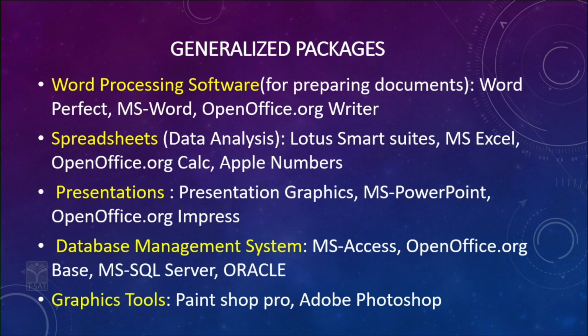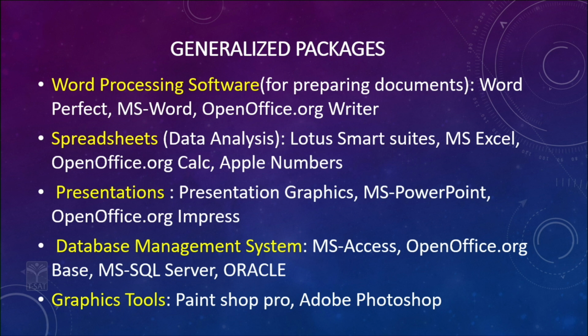Generalized packages means, the first one is word processing software. What is word processing software? Word processing software is generally used to prepare documents. For example, for word processing you have WordPerfect, MS Word, OpenOffice.org Writer.